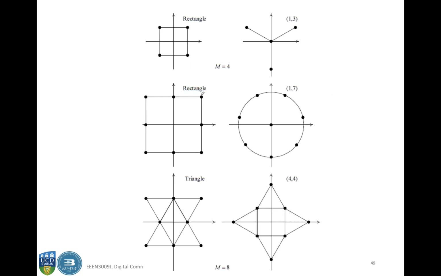So you can have different constellations of an M-QAM like this. You can have a rectangular constellation where you have 4 signals like this. You can have a constellation like this. You can have a circular constellation. You can have triangular. Essentially, you can have a constellation of any shape.